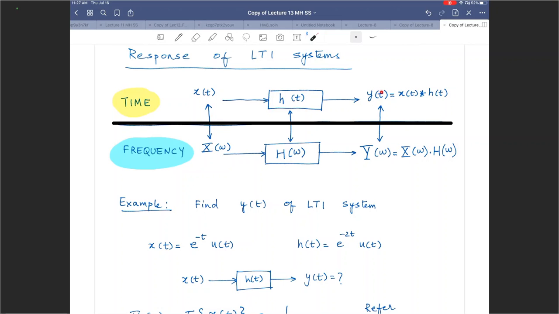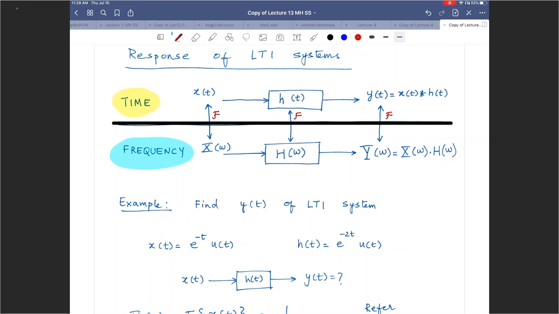We have the output of the system indicated by y of t. We are writing the Fourier transform of that using cap Y of omega. So these are all Fourier transforms.